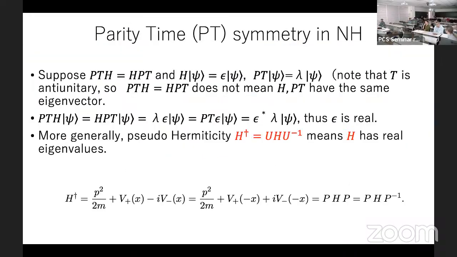So maybe a naive question. Similar types of symmetry classes were discussed in the context of Liouvilleans and so on. So it will be the same thing?